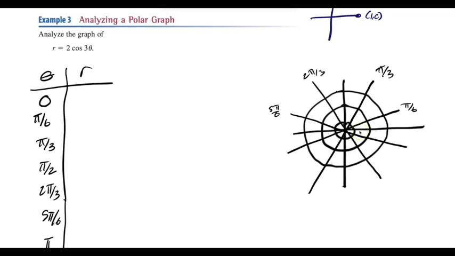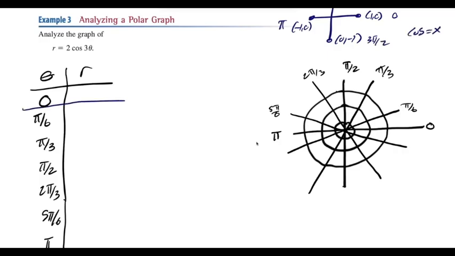So this is 0 and pi. We have pi over 6, pi over 3, pi over 2, 5 pi over 6, pi. Okay, so now we could go. That's going to be 0, 1. That's going to be negative 1, 0. And that's going to be 0, negative 1. 0, pi over 2, pi, 3 pi over 2. And don't forget, cosine is the x value.